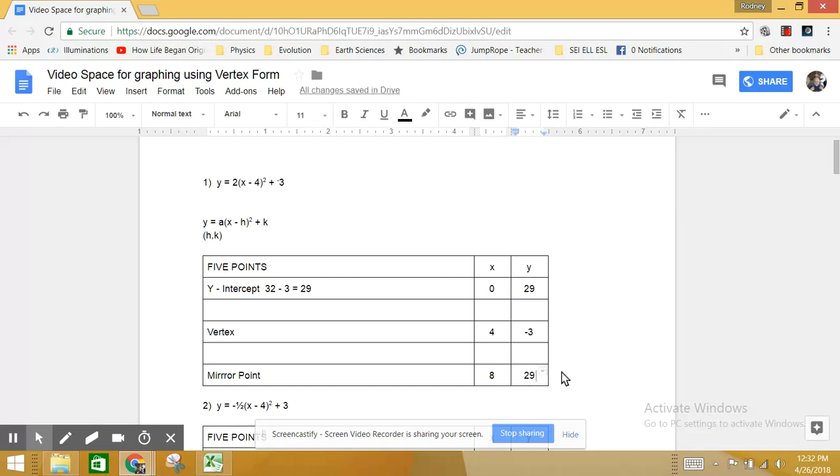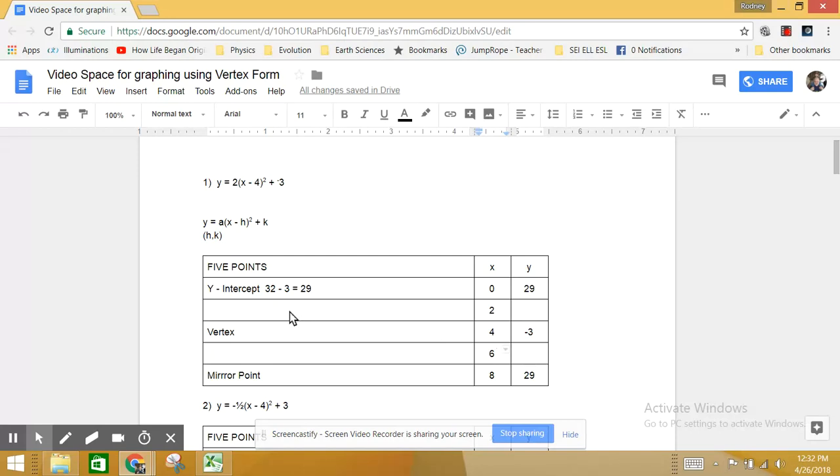At this point, I just need to pick a couple of points that are in between. I'm going to pick 2 for the x value and 6 for the other x value, because those are exactly 2 away in either direction from my vertex, so I know my y values are going to be the same because the parabola is symmetrical.